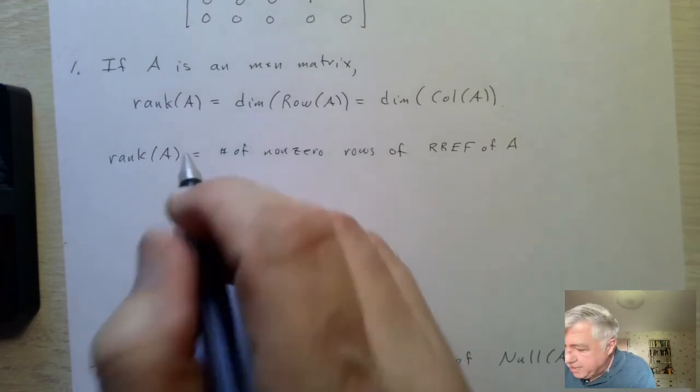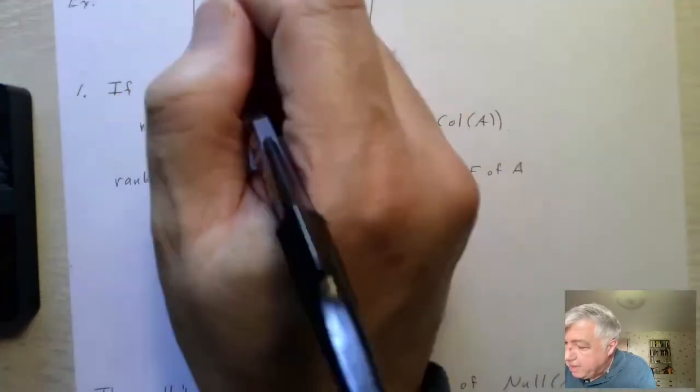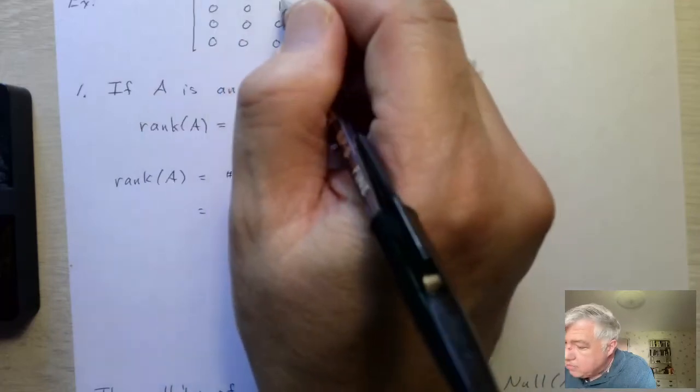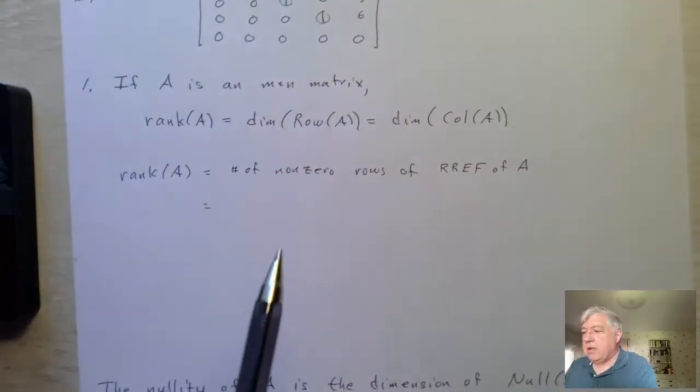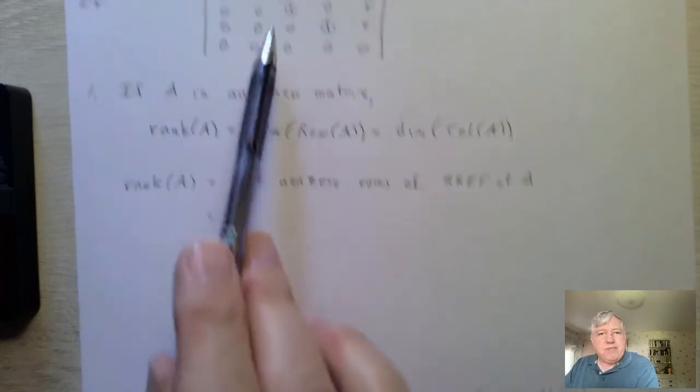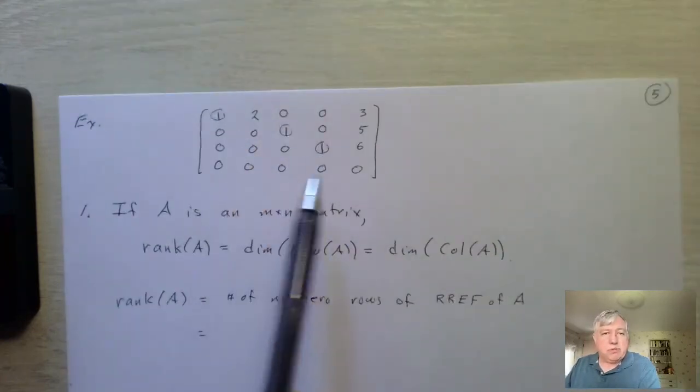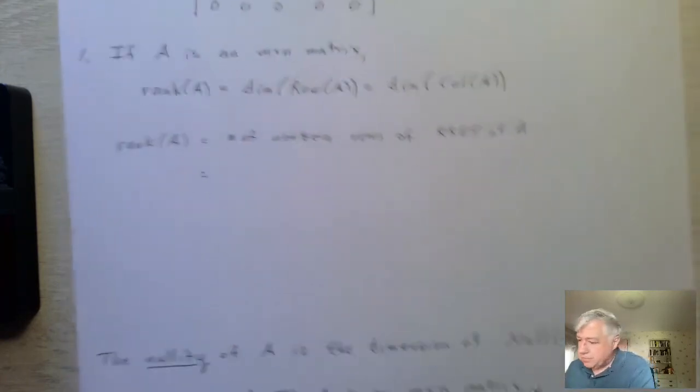Well, we can see that this is also equal because every non-zero row has a pivot. And we can see the number of pivot rows is going to be equal to the number of pivot columns.